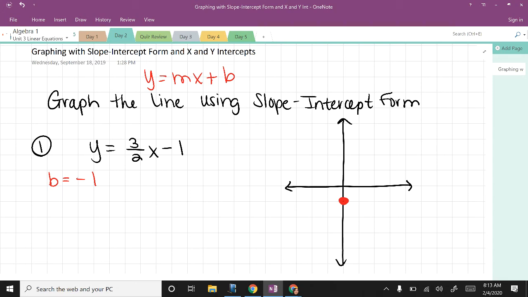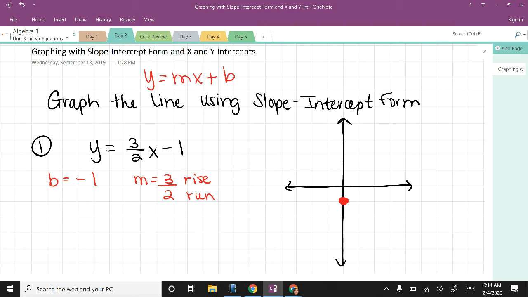Everybody with me? Now what's my slope? 3/2. What's my rise? 3 is my rise and 2 is my run. So you start at that point you've already graphed. You don't start at the origin. You don't start on the x-axis. You start on that y-intercept point you just graphed.